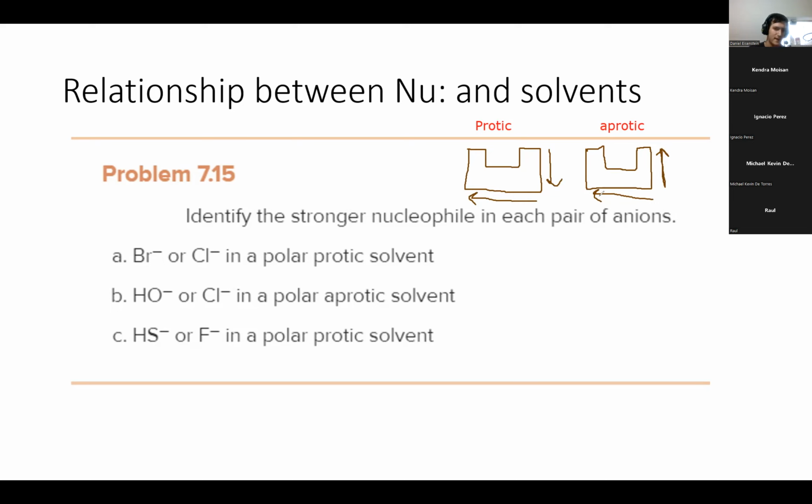The reason it's going to go left is because it's less electronegative and therefore more willing to share its electrons, right? Does that make sense? So they should both be pointing left.